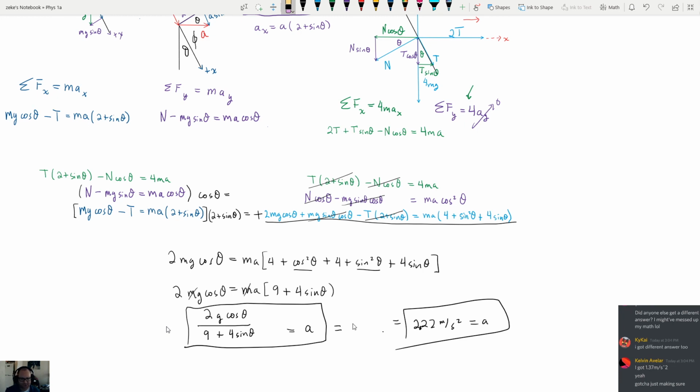Yes, what you just said, Chase, that's right. And I multiplied by the acceleration, 9.81 meters per second squared, and it ended up becoming 1.37 meters per second squared. Okay, thanks for catching that.